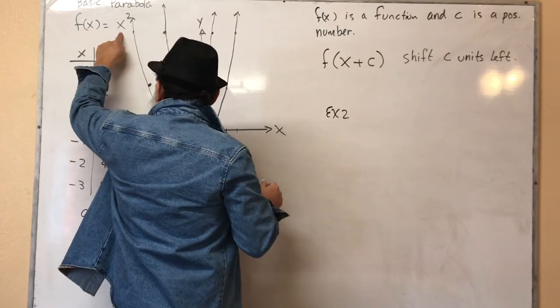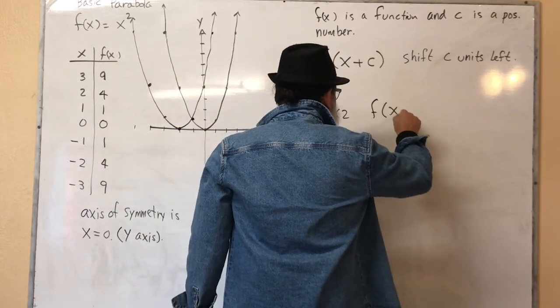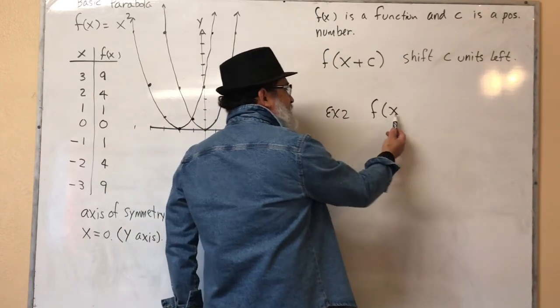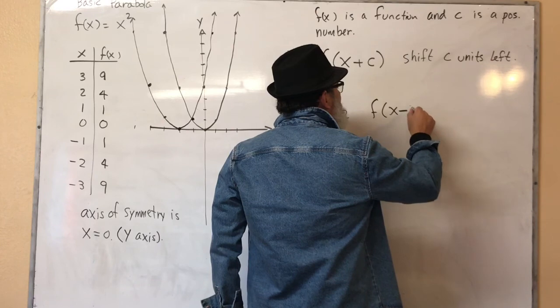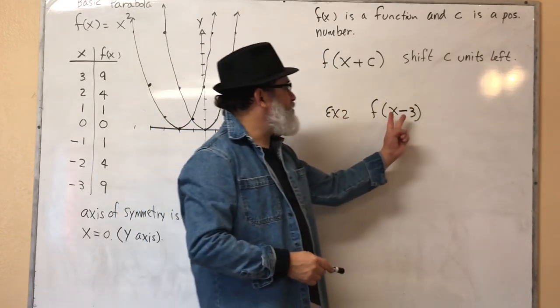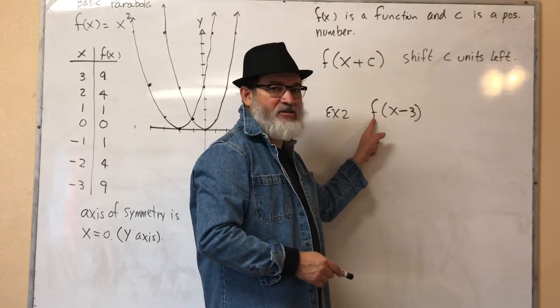I'm going to take this parabola f of x, x is the argument, and I'm going to subtract 3. I'm subtracting 3 from the argument in the parabola f of x.